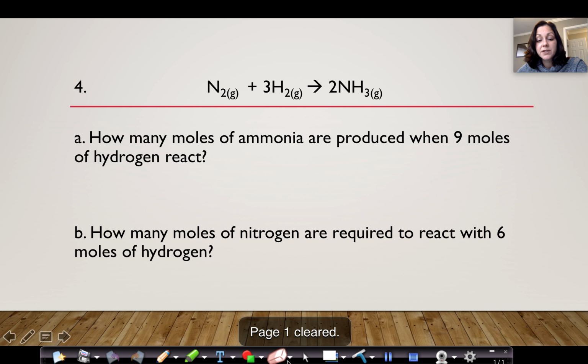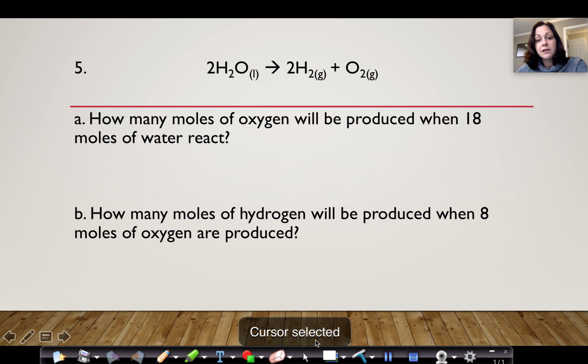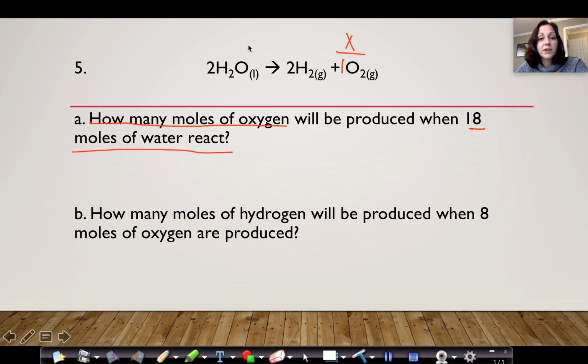I think I have one more set of examples here. Yep, I do. Again, any place that there's not a coefficient, we go in and put a 1 because that's what's understood. It says how many moles of oxygen, which means I need to put an X over where oxygen is by itself, will be produced when 18 moles of water react, which means I put an 18 on top of the water. I can see that I multiplied this coefficient by 9, which means that my X is going to come out to 9.